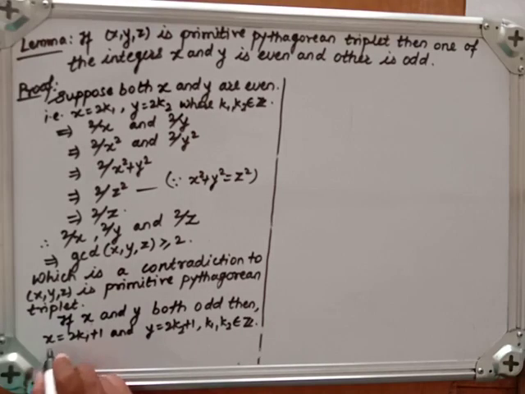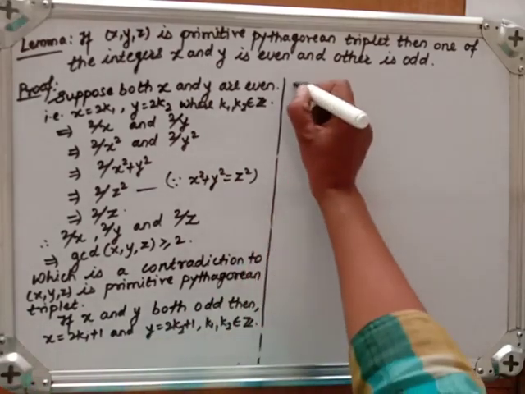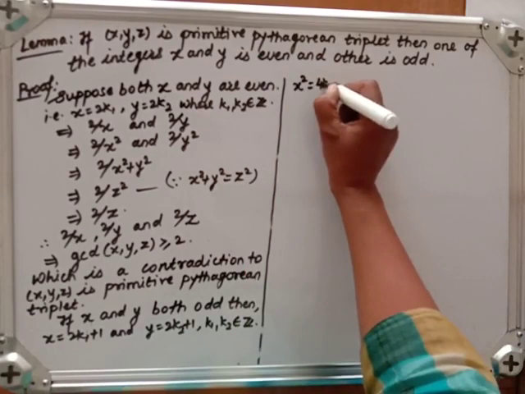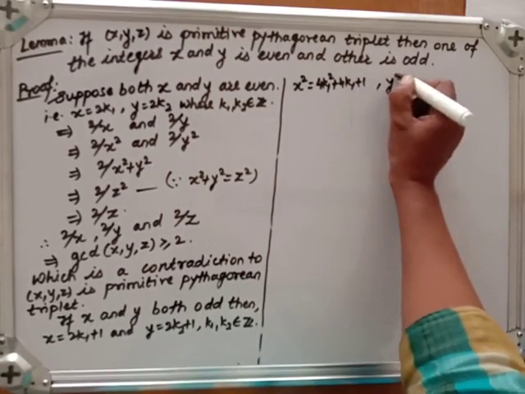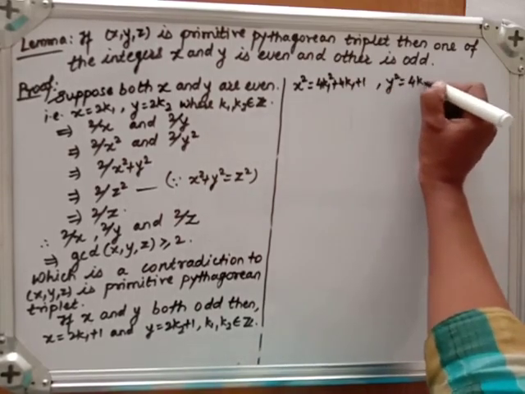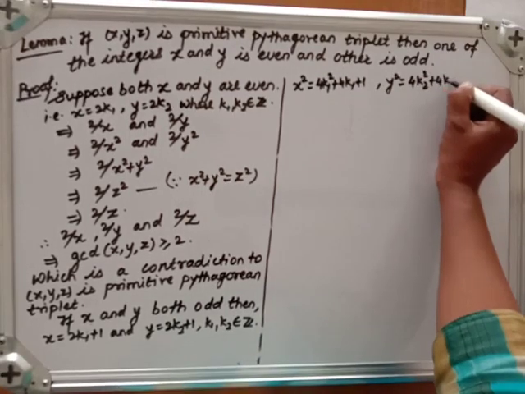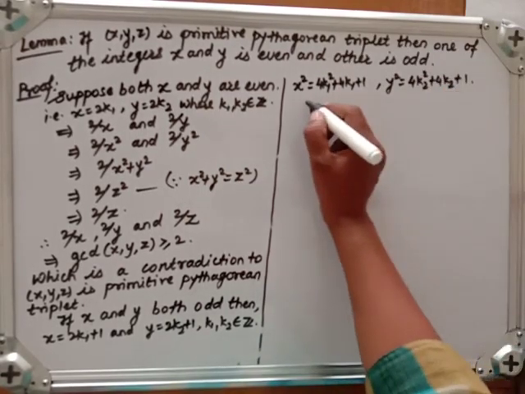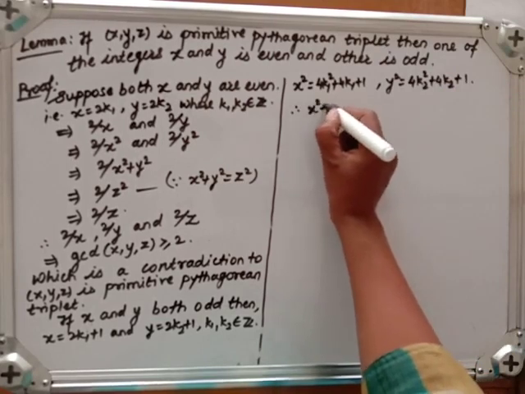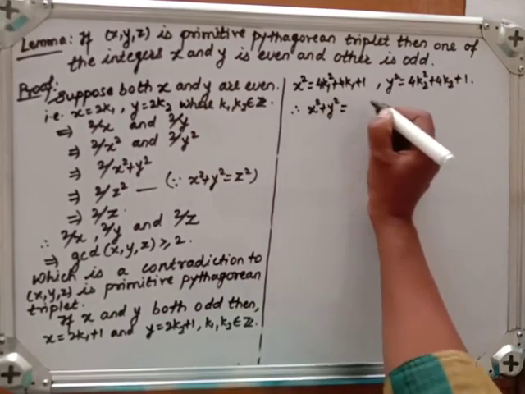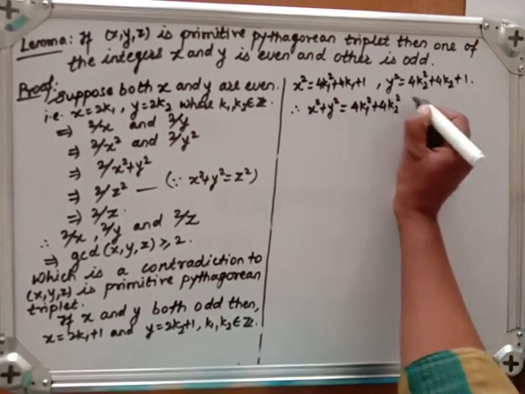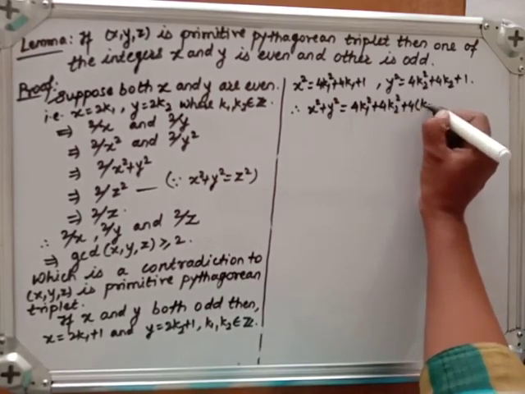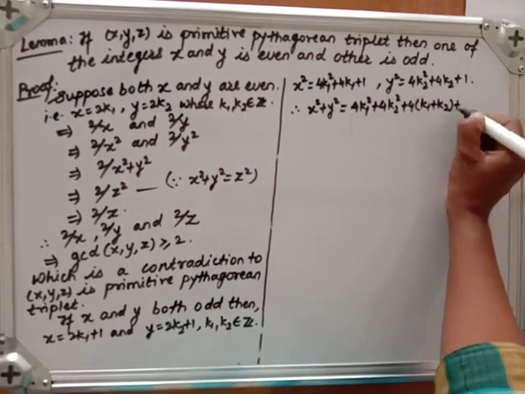So if x is 2k1 plus 1, y is 2k2 plus 1, what about x square? x square is equal to 4k1 square plus 4k1 plus 1. y square is equal to 4k2 square plus 4k2 plus 1. Now, x square plus y square equals 4k1 square plus 4k2 square plus 4 into (k1 plus k2) plus 2.